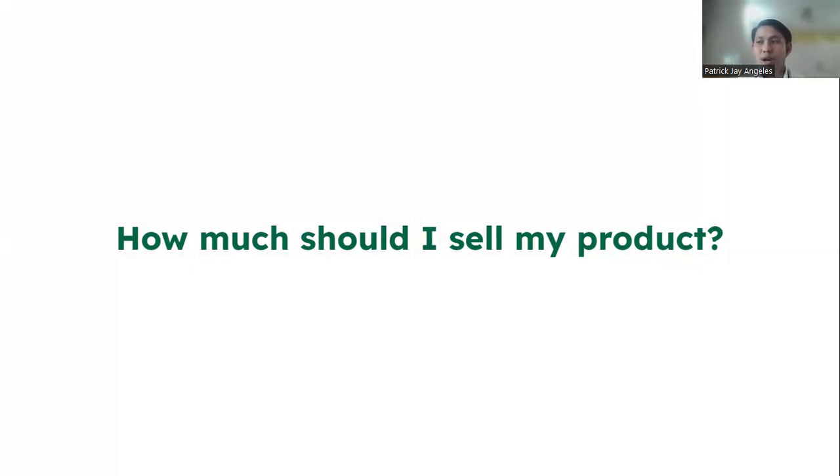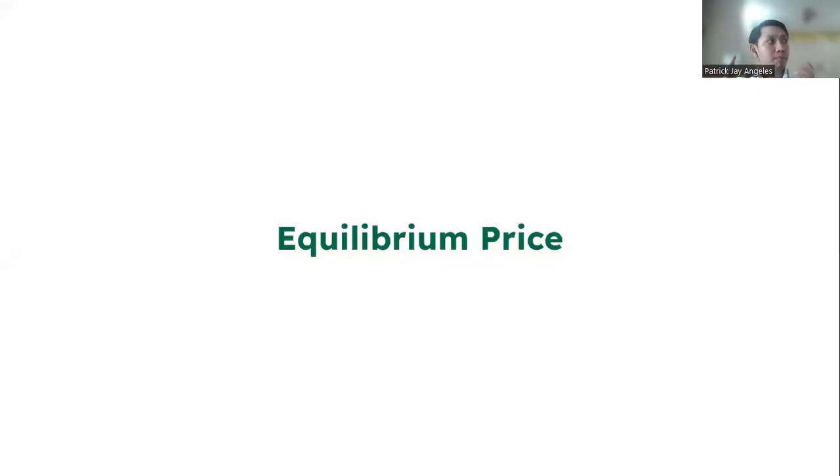Okay? So there are several ways in order for us to identify how much price should we impose on a particular product. But ideally, because as an economist, what you have to definitely do is basically look for the equilibrium price.